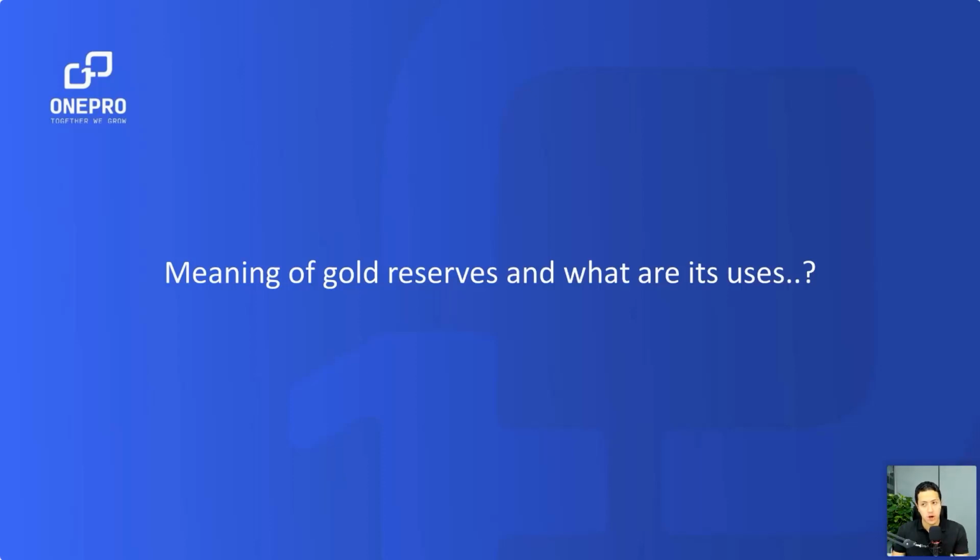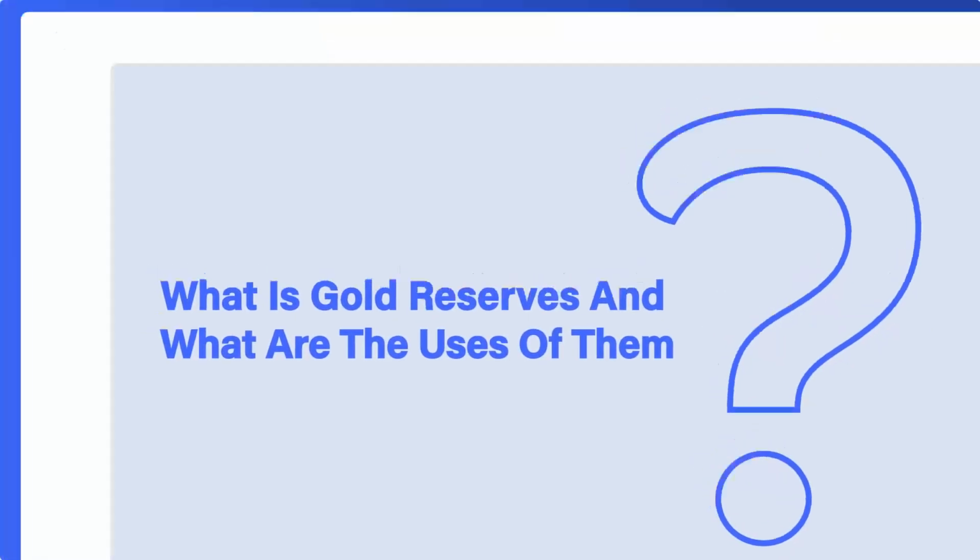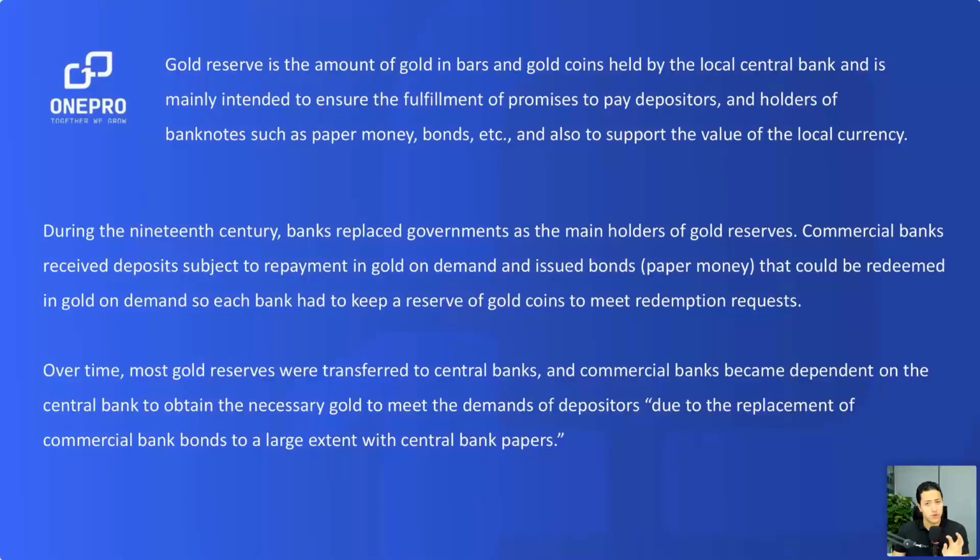So what is the meaning of gold reserves and what are its uses? The gold reserve is the amount of gold, either in bars or gold coins, held by the local central bank and is mainly intended to ensure the fulfillment of promises to pay depositors. So let's say, for example, you deposited your money in a US bank, okay?